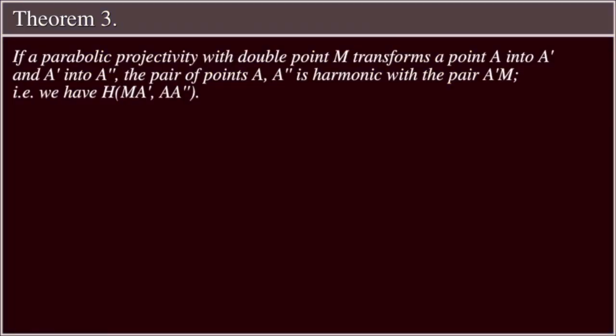Theorem 3. If a parabolic projectivity with double point M transforms a point A into A' and A' into A'', the pair of points A, A'' is harmonic with the pair A', M, i.e. we have H of MA', AA''.